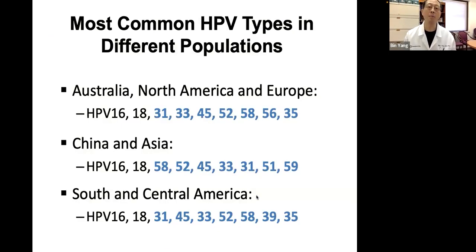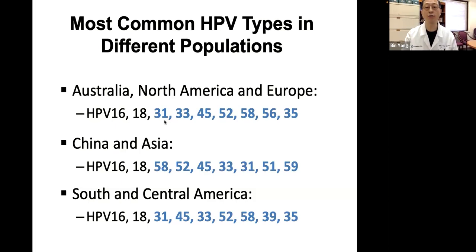If you look at the population, there's some similarity and discrepancy among different regions and countries. In Australia, North America, and Europe, HPV 16 and 18 are the most frequent, regardless of where you go globally.